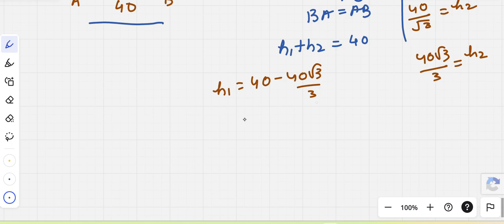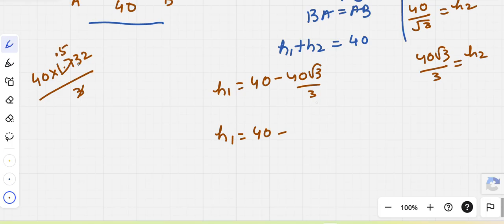Instead of making the calculation hard, in the question they did not give the value of root 3, but root 3 is 1.732. So we can do 40 into 1.732 by 3.